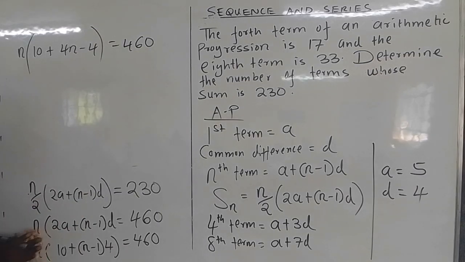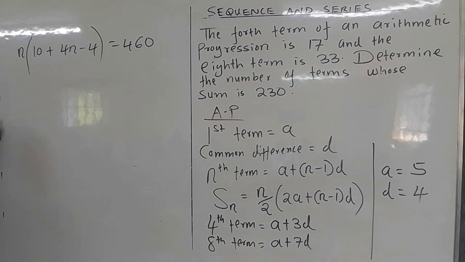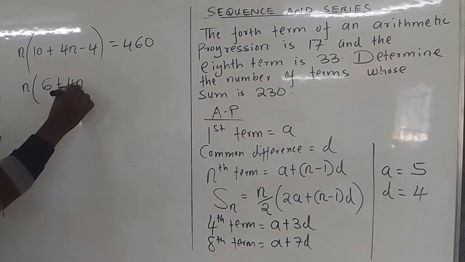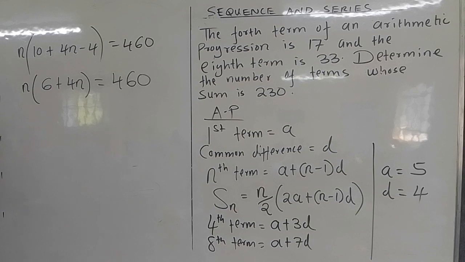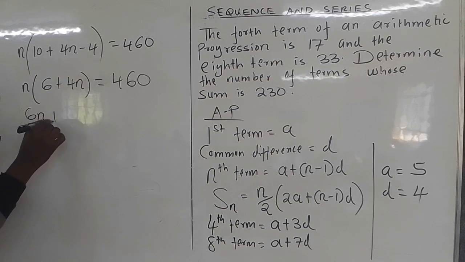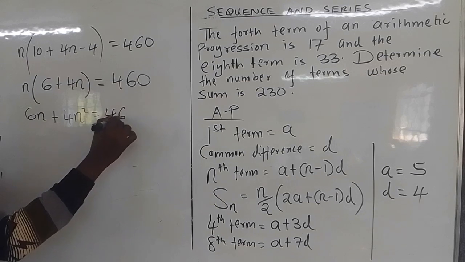Then open the bigger bracket, isn't it? So when you open the bigger bracket, n multiplies everything up, you simplify it inside. 10 minus 4, 6. So it is 6 plus 4n is equals to 460, isn't it? So multiply n times 6 plus n times 4n is equals to.